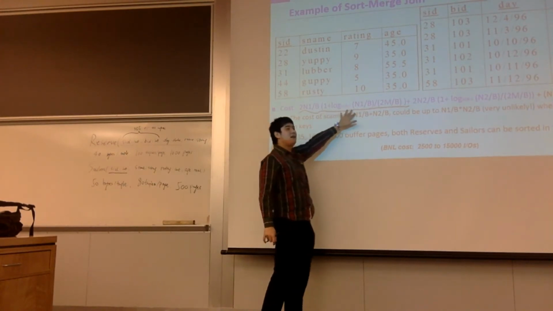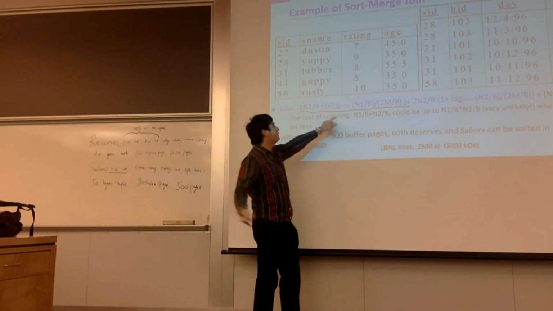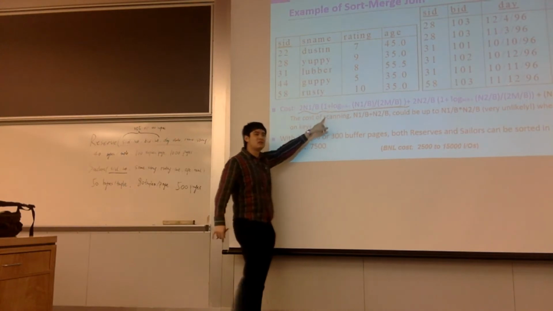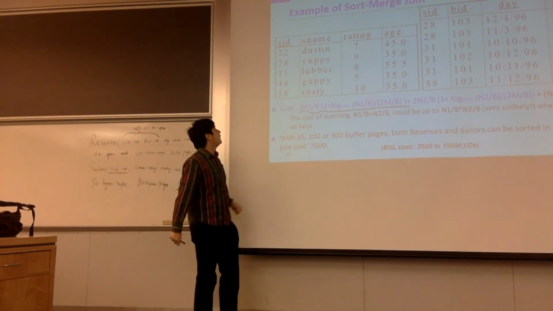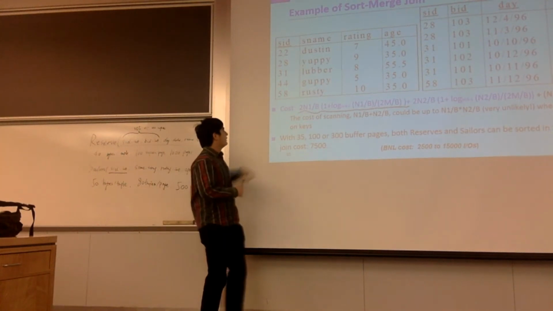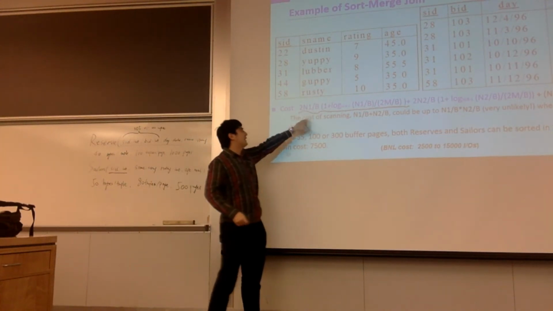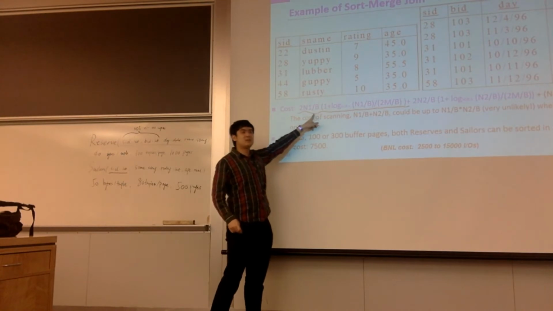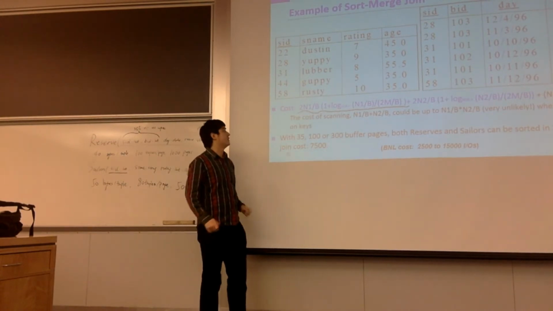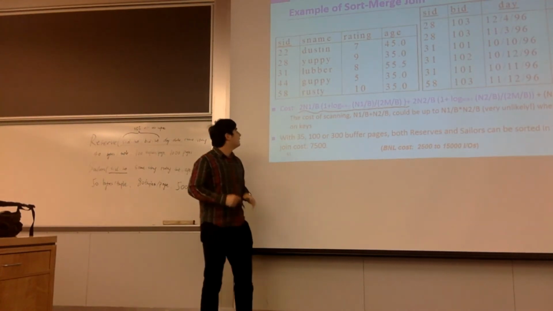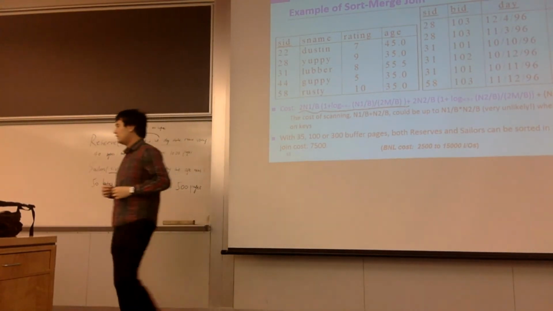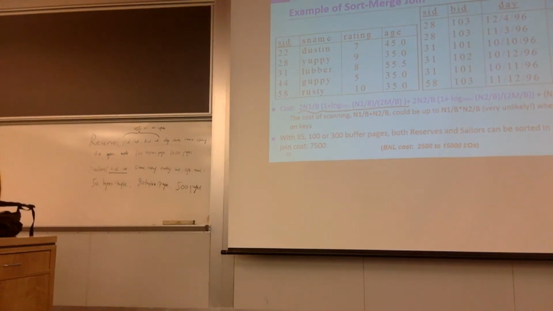Then that's the number of passes after pass 0. So you add 1 to that. That's the total number of passes you need in the external sorting of the sailors table. Then you multiply that by the size of the sailors table. You get the cost to sort this particular table. Okay, so it's 2 times n1 over b times the number of passes.